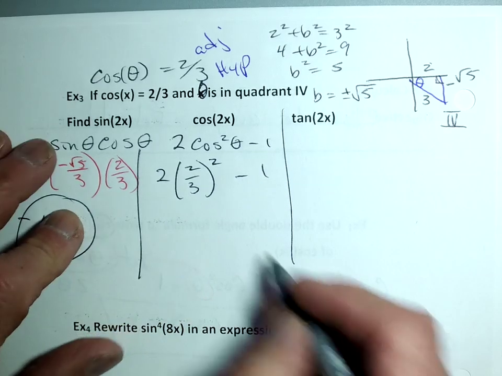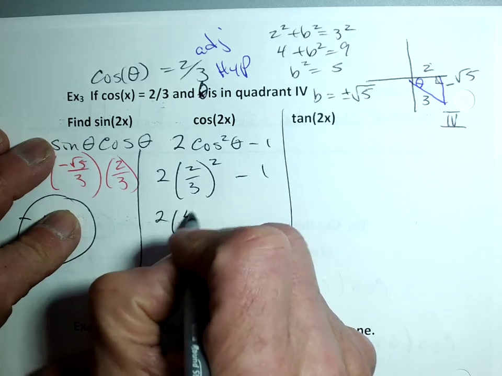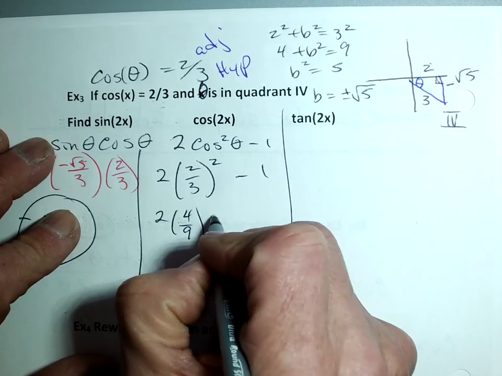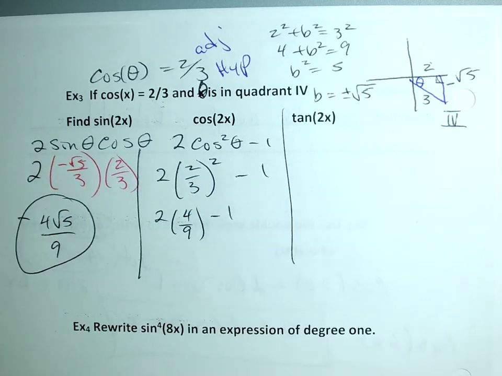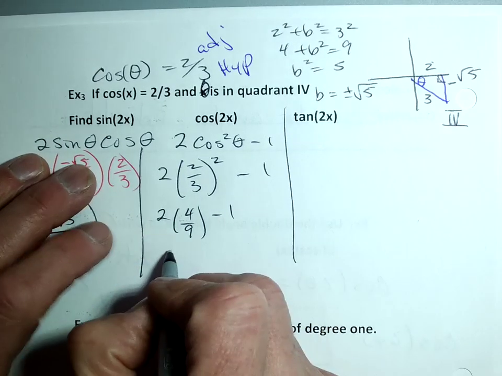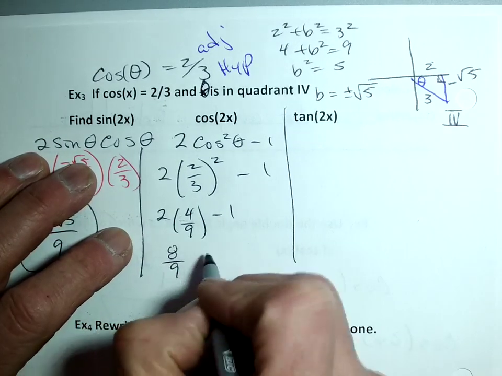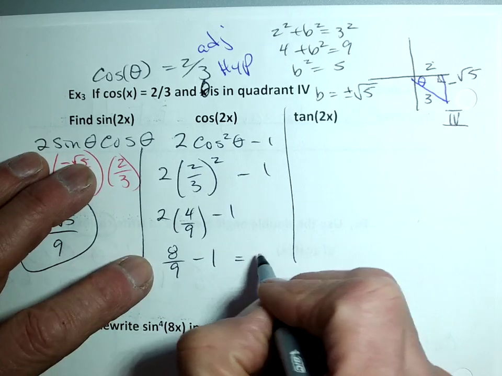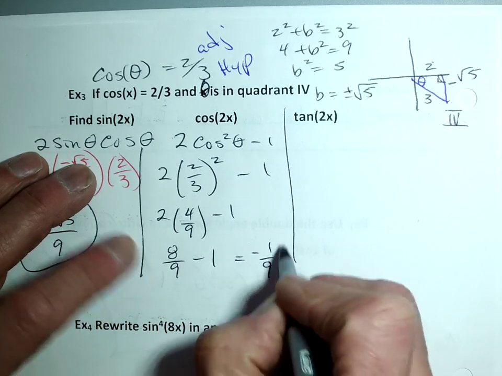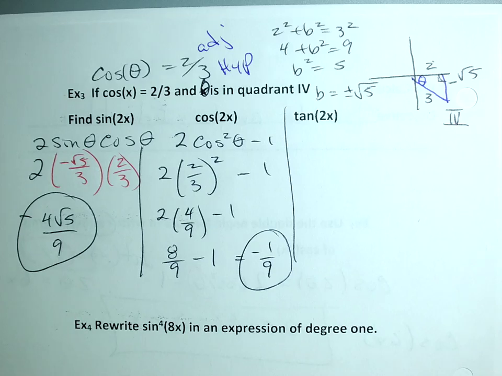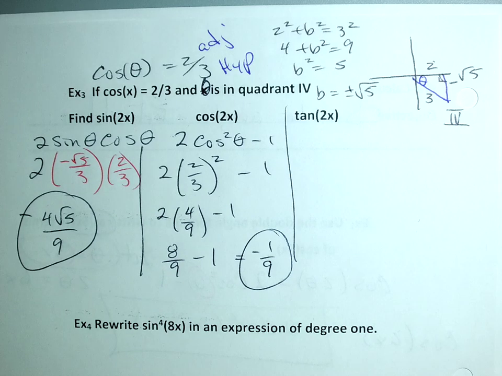So 2 times 4/9 minus 1, which is 8/9 minus 1, which is negative 1/9. You okay with that? You will have to do this in calculus. You really will.